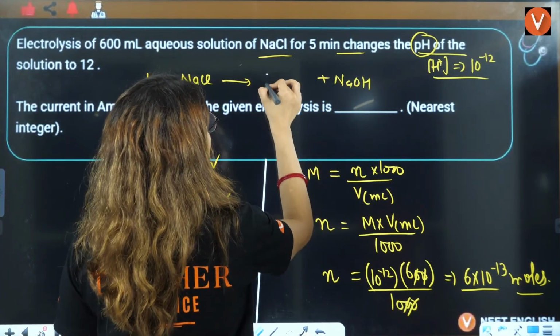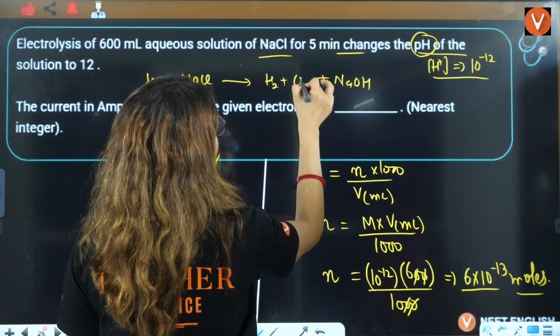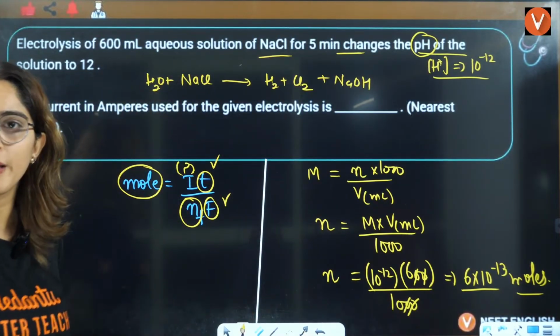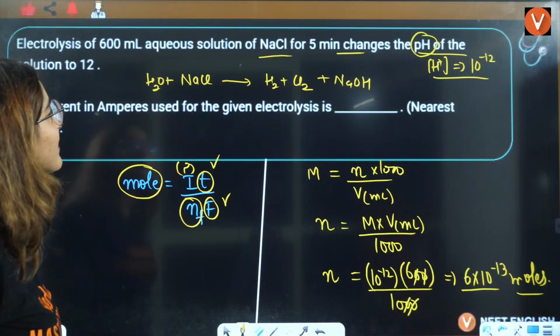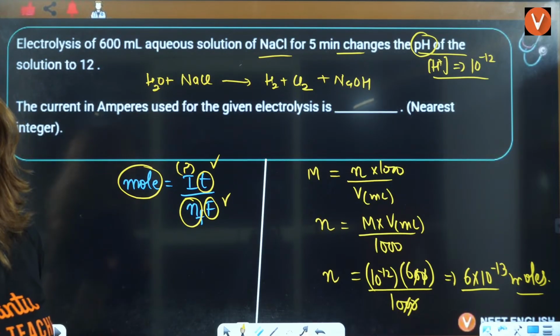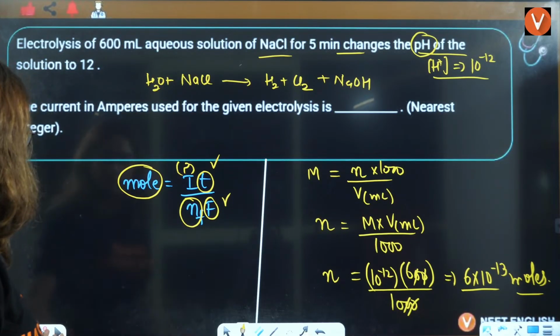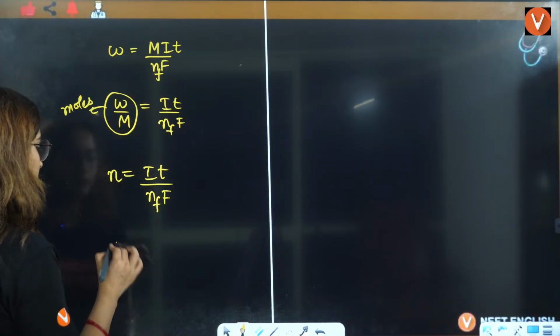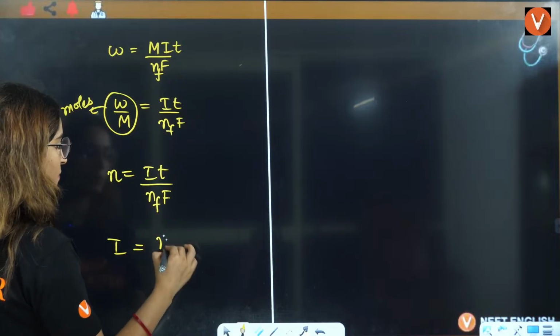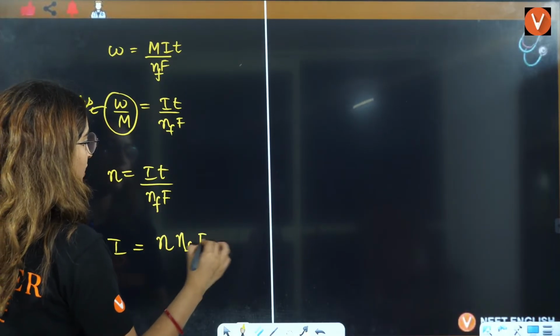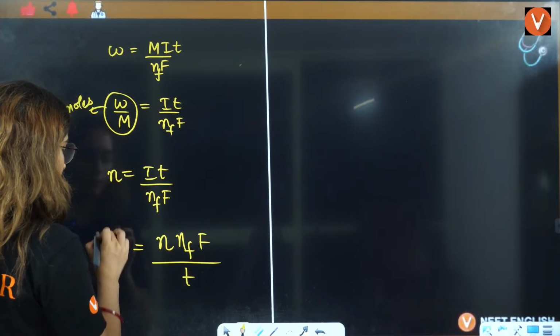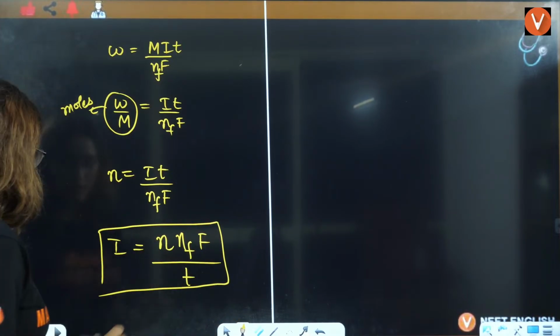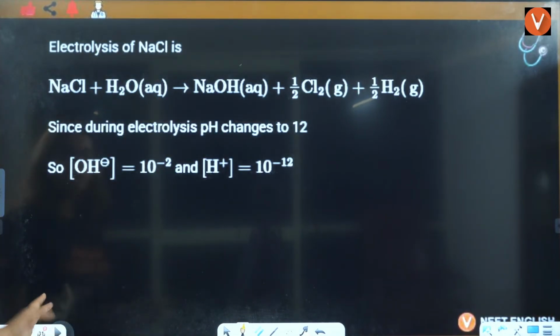Then H2 was formed here and Cl2 was formed here. Do you remember aqueous NaCl? So here N factor is going to be 1. So directly you will put the value of N factor. Current is nothing but number of moles into N factor into Faraday divided by time. That's it. Number of moles you have calculated already, right?